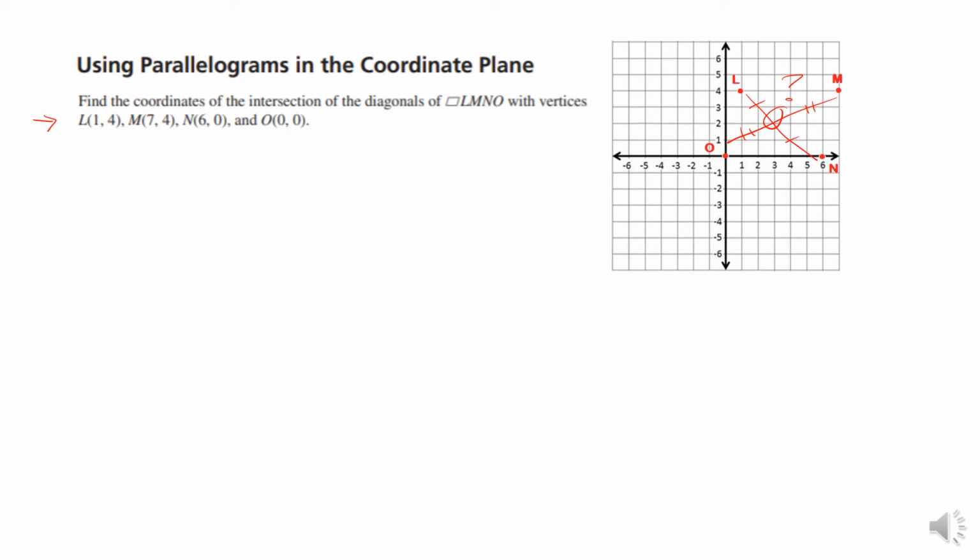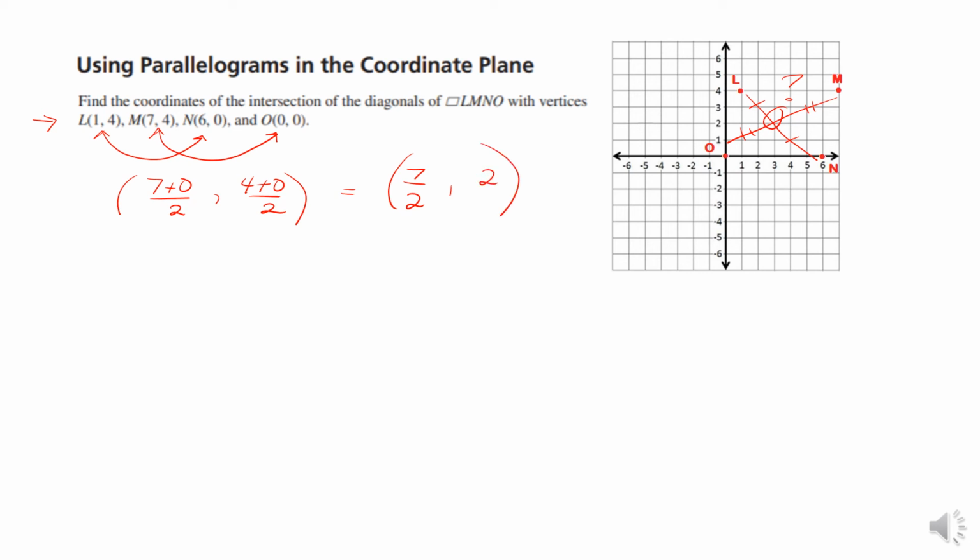But remember, you're finding the midpoint between L and N, or M and O. So what I did was I did M and O, and so I used the midpoint formula, and I did 7 plus 0 divided by 2, and 4 plus 0 divided by 2, and that gives me a midpoint of 7 over 2, which is 3.5, 2. Okay, so you could write it either way.